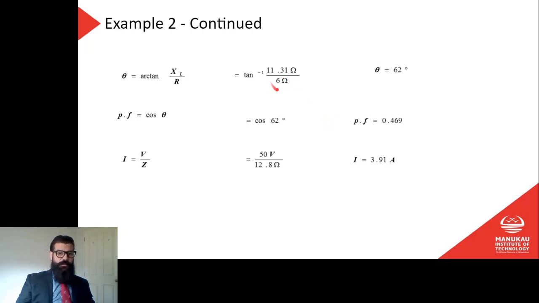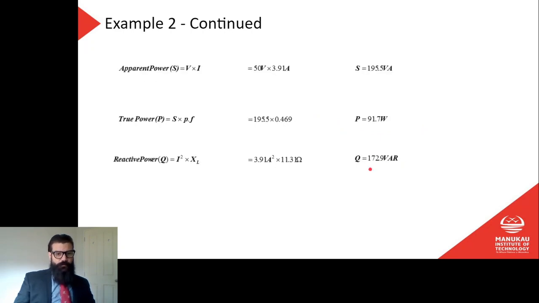So in this case, my resistance was 6 and my impedance was 12.8. So if I do 6 divided by 12.8, it's going to be 0.469. But we've got that angle and we haven't worked out our true power or apparent power yet. So the easiest way to do it would just be to go cos of the angle. Cos 62 degrees equals 0.469.